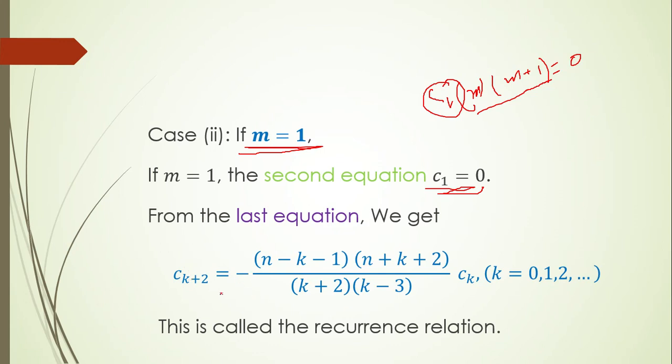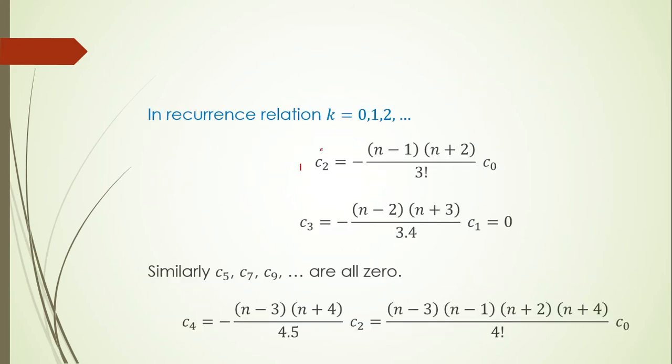For k is equal to 0, we get c2. For k is equal to 1, we get c3. Similarly c2, c3 and c4. c2 is equal to minus (n minus 1) into (n plus 2) upon 3 factorial into c0, and c3, for k is equal to 1, is equal to minus (n minus 2) into (n plus 3) upon 3 into 4 into c1.